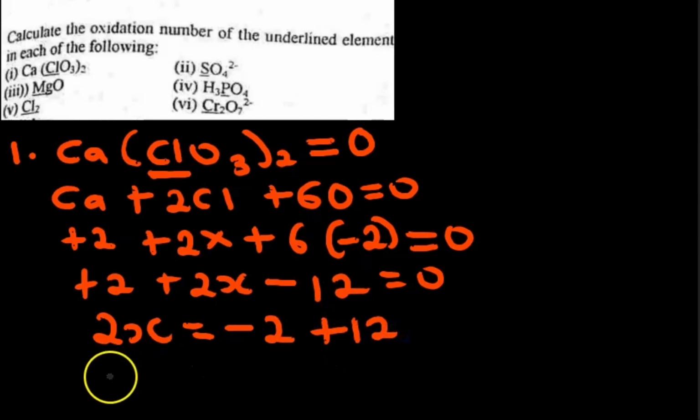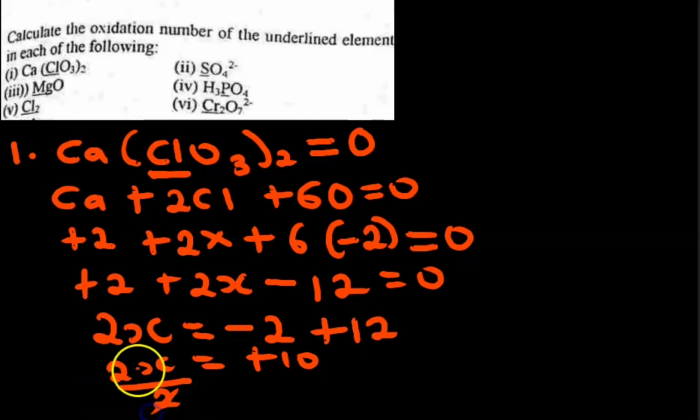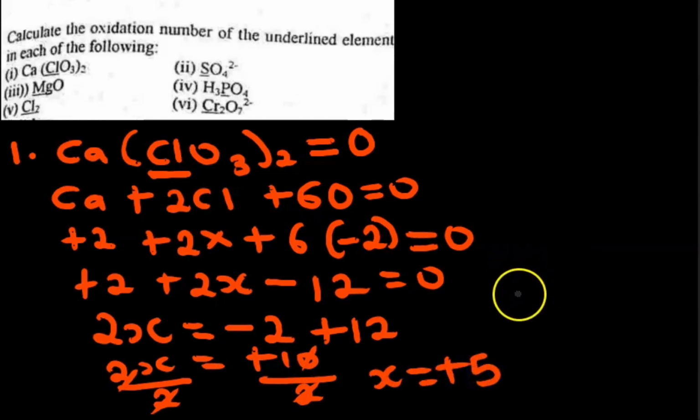So 2x is equal to +10. Dividing by 2, the coefficient of x, on both sides, x ends up to be +5. So the oxidation number of chlorine in that compound is +5.